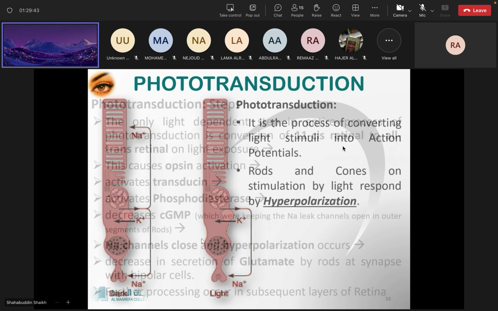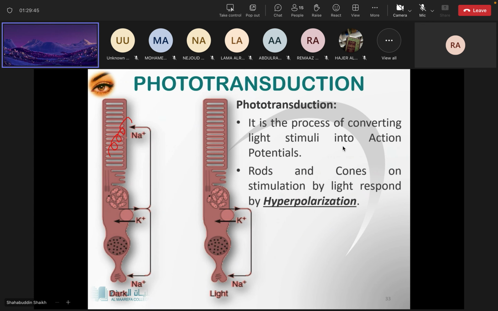This sodium channel was allowing sodium to go in, and that will stop. And that will cause hyperpolarization. Normally the receptors cause depolarization and not hyperpolarization.